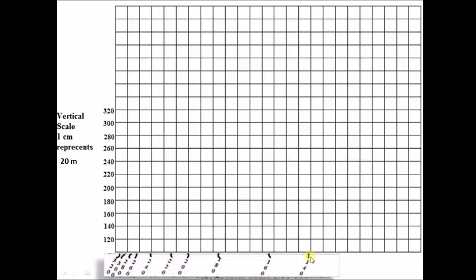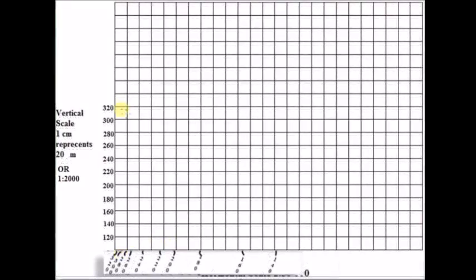Then we mark off each point according to the height above sea level it has. We do this by using the point on the x-axis which corresponds with the number on the y-axis, and we mark a dot where they meet.